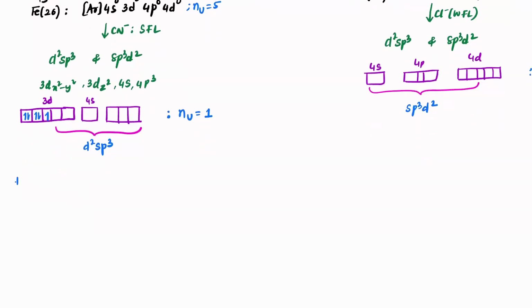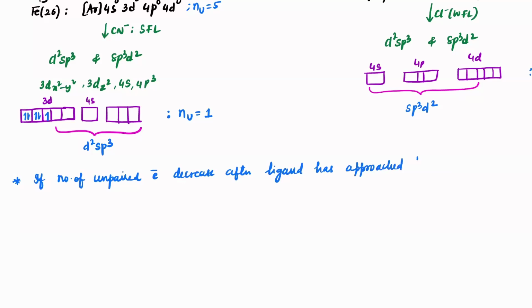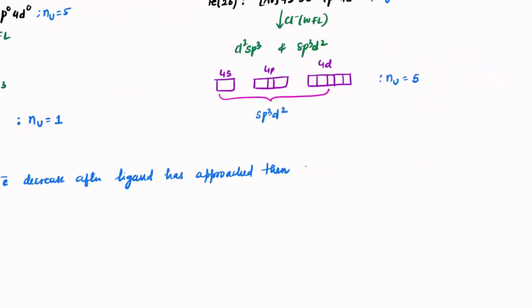Now notice this one. If the number of unpaired electrons decreases after the ligand has approached, then the complex is a low spin complex.